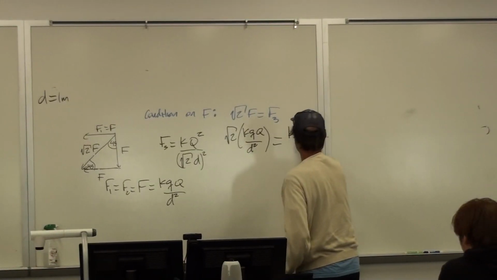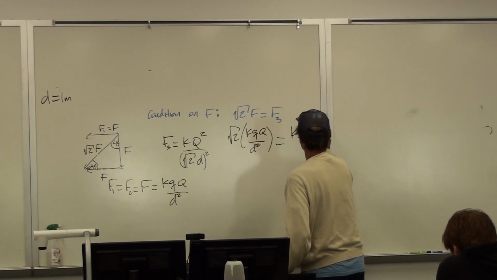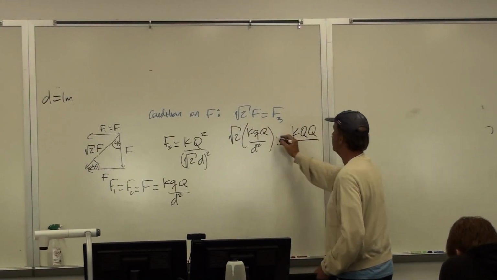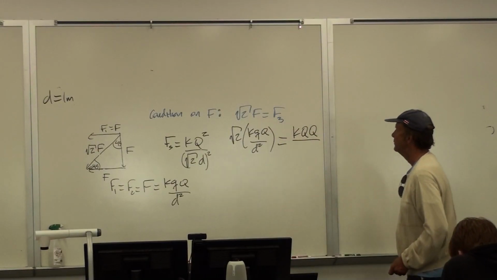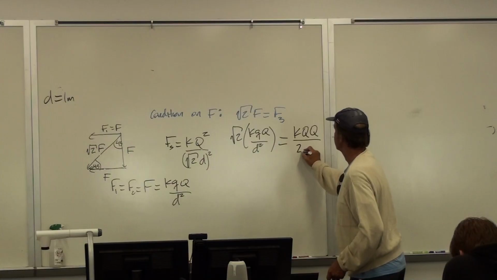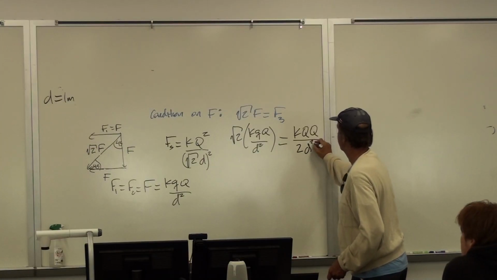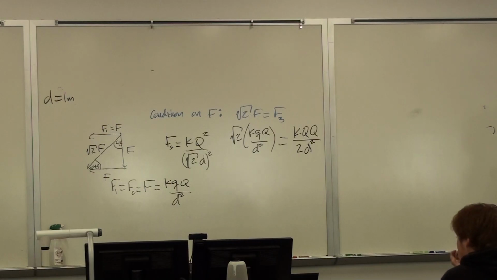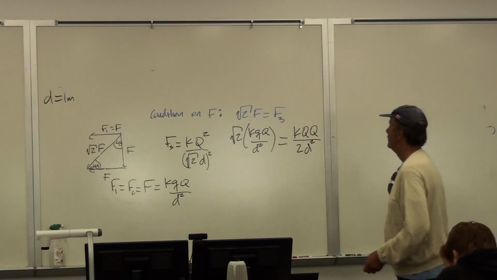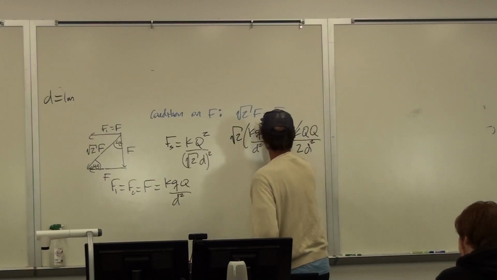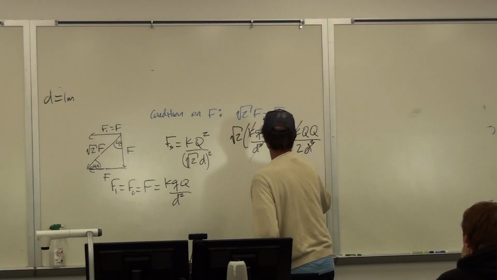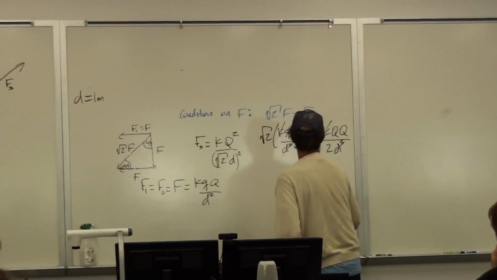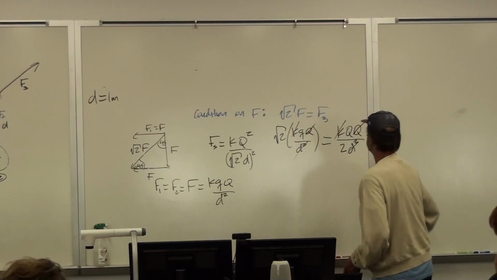So that's going to be k. I'm going to write the q's as q times q so I can cancel one of them out more easily, divided by square root of 2 squared, which is 2, times d squared. So that's my condition then on little q. I can cancel out the k's, cancel out the d squareds, and cancel out the big q's.